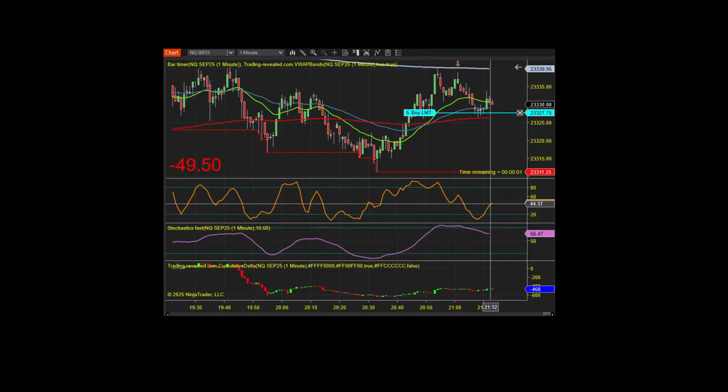We'll see. Here we go. We just need it to come down a little bit further, closer to the 200, see if we get a divergence and get filled right here, and then hopefully it runs. But it didn't quite make it low enough for it to be a proper divergence, but we're gonna see.